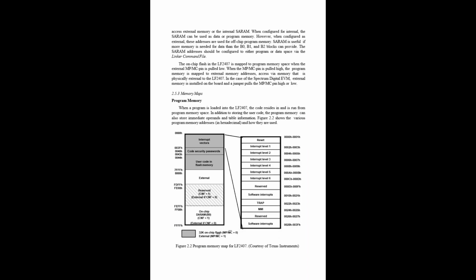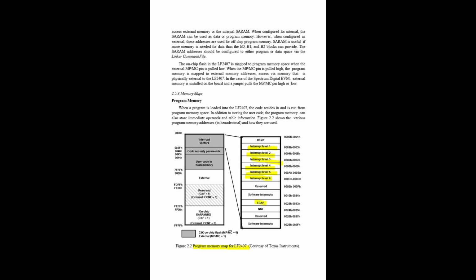Here you can see the program memory map of LF2407, with various interrupts. We know what interrupts are. An interrupt is nothing but disturbing the main execution of the program, and we will be interrupting with any external device. In that, various levels of interrupt are there. According to the level, the priority will be given.